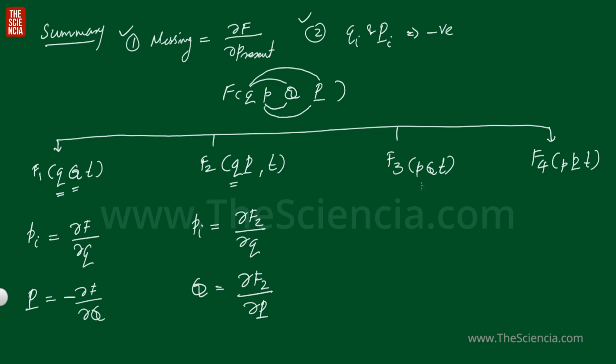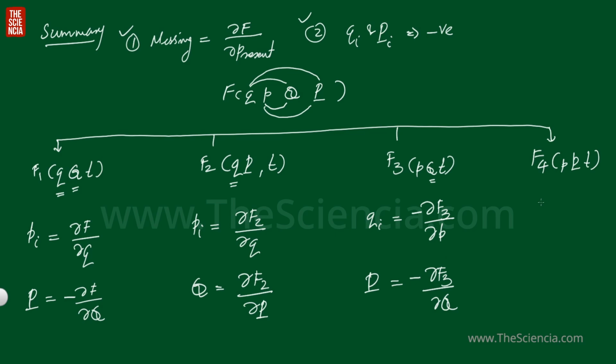And another one missing is small q, that is equal to ∂F3 by ∂present, that is ∂p. And this is small q, and small q will be negative. And what is the other missing coordinate? That is capital P. Capital P will be equal to ∂F3 by ∂present, that is ∂Q. And it is capital P, so there will be a minus sign.